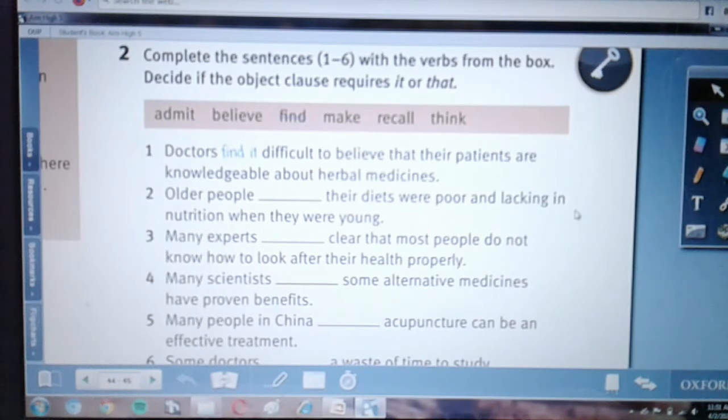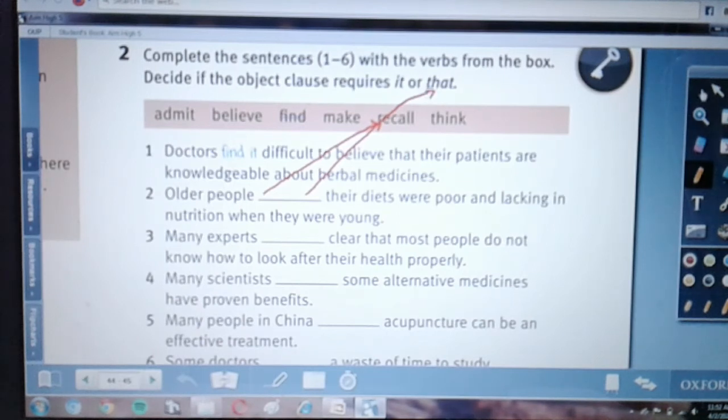The one that sounds natural and better is when we use that. Yeah, so older people recall that their diets were poor and lacking in nutrition when they were young. So, let me get my pencil. So here, you need to use recall as the main verb and you need to use that. Okay?